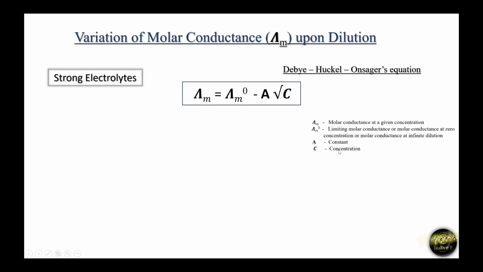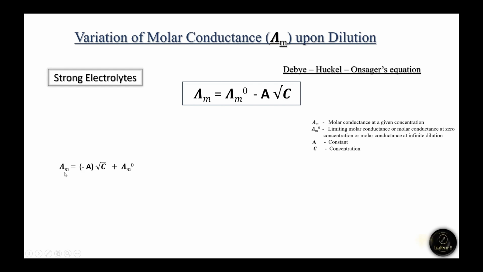So A is a constant which is dependent on the solvent. The nature of the solvent may be its polarity or viscosity or temperature. If we rearrange this formula, we can see that lambda m and c are variables, and the rest are constants.